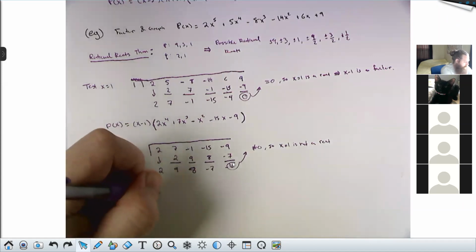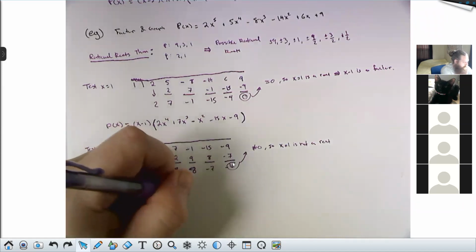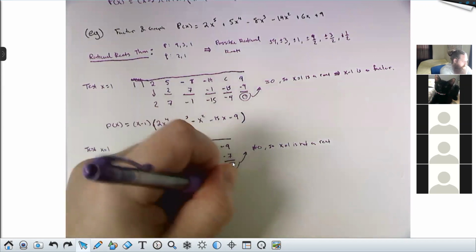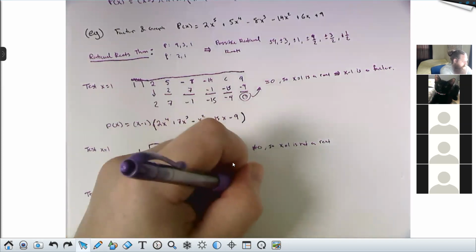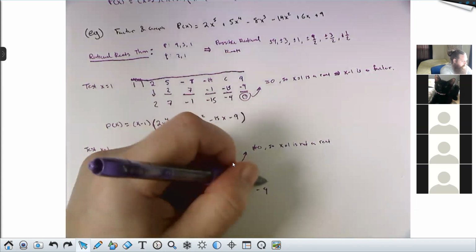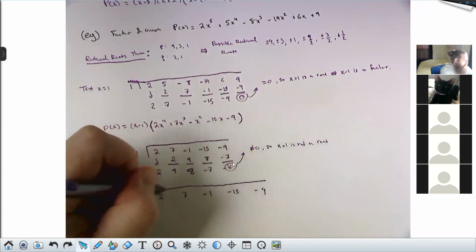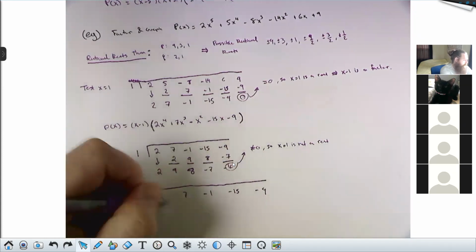So I write 3/2, 2, 7, -1, -15, and -9, giving myself a little more space here because I know I'm going to have to do a bunch of arithmetic with fractions.